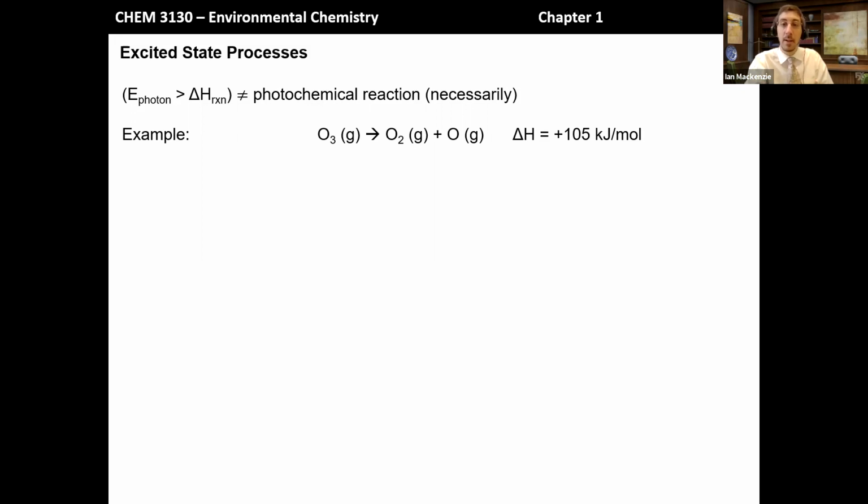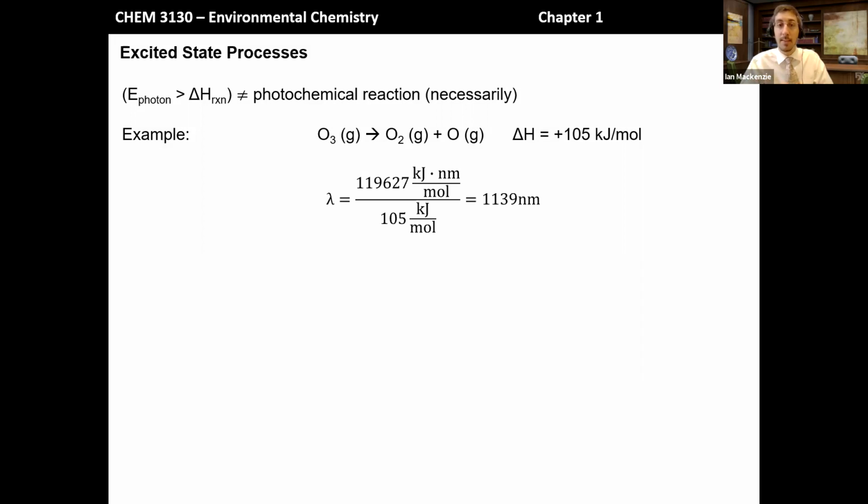If I calculated the maximum wavelength of light that would have sufficient energy to drive that reaction, I would come out with a wavelength of 1139 nanometers. This is out in the IR region of the spectrum, so we're not even in the visible region anymore.